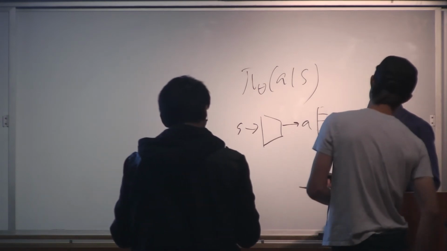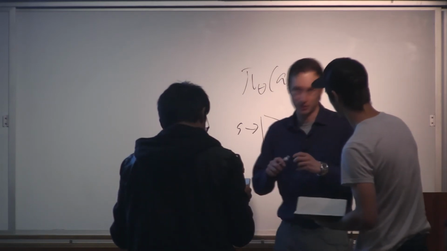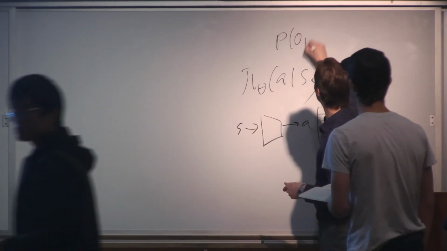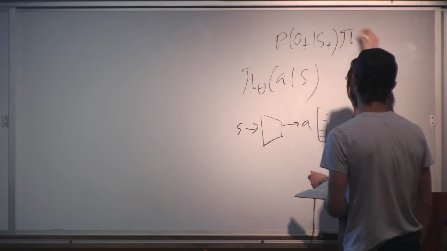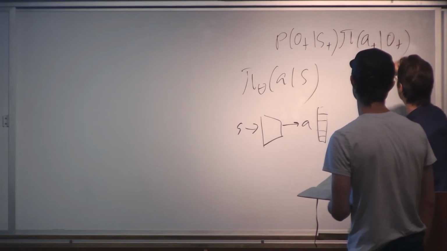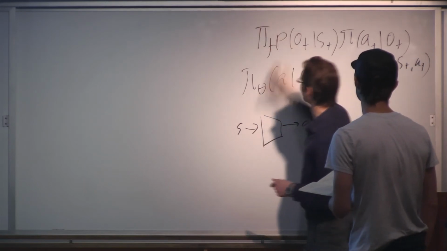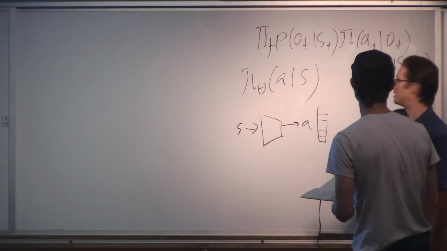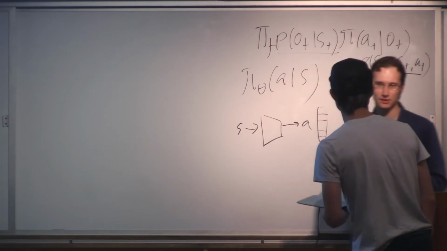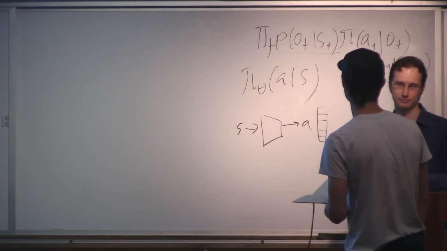The derivation needs to have an expectation over O. Now your process is P of OT given ST, pi of AT given OT, and then P of ST plus 1 given ST, AT, and this whole thing is a product over T. But you sample these at the same time, so the universe samples a state and then samples an O for it. All right, fair enough.